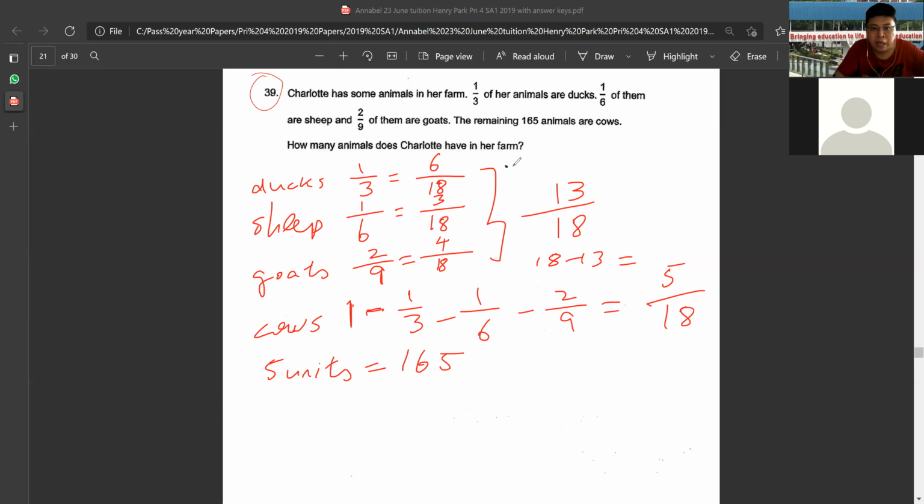So how many animals does she have on the farm? 165 divided by 5 is 1 unit, then times 18 units. That's the answer. You will get 594.